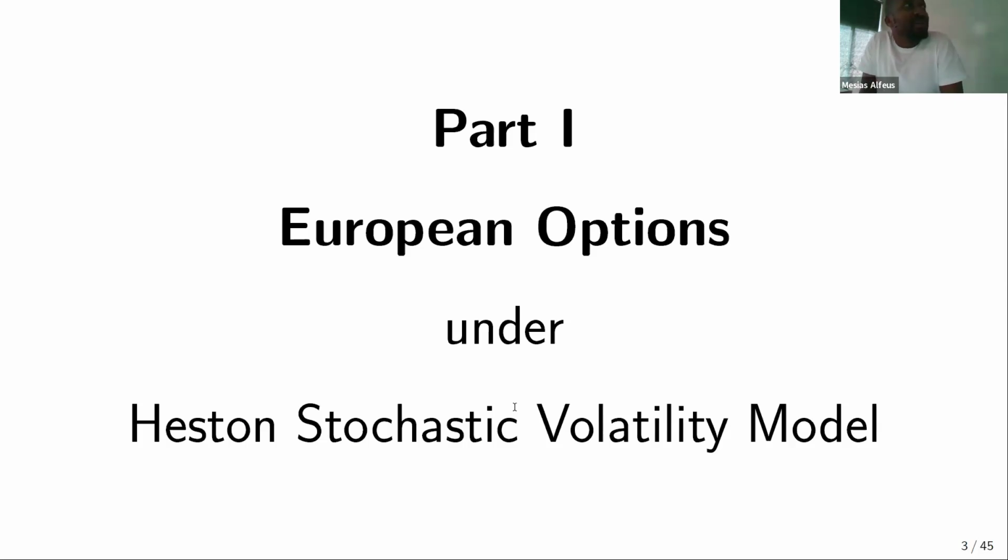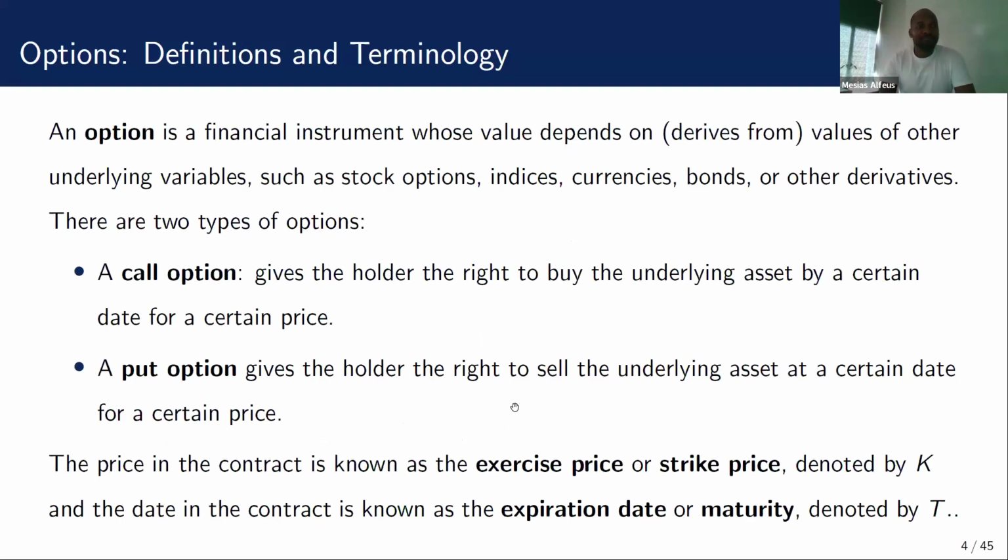Heston came up with this model, which is more realistic, so it can predict things called volatility smiles, for instance. So that's why we are interested in this Heston model.